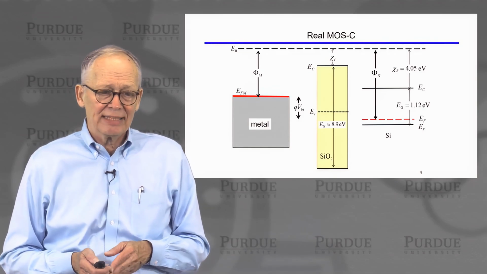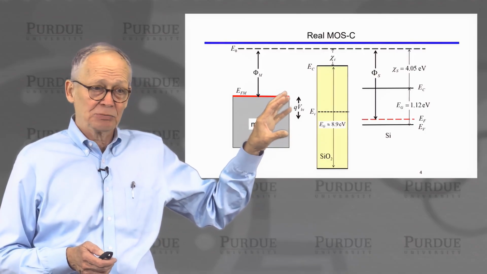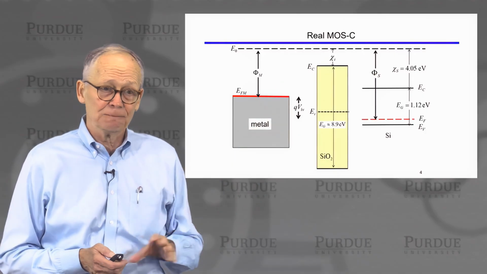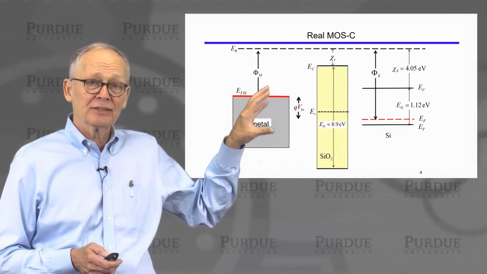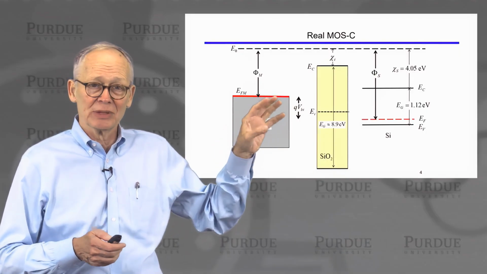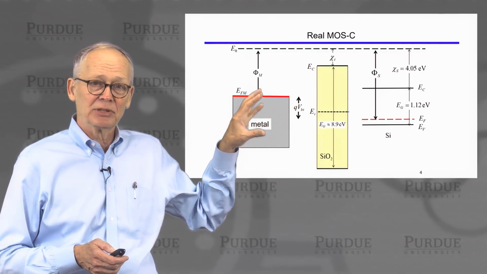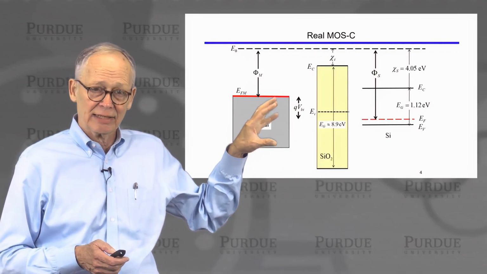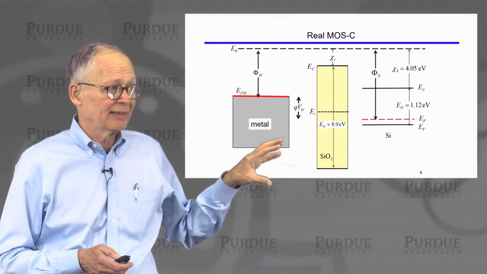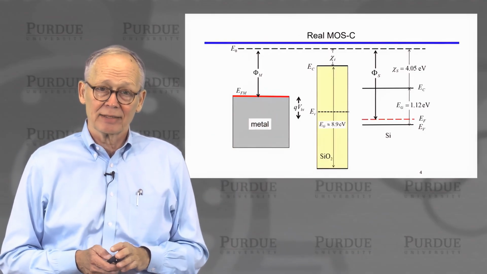Well, we remember that if we have an electrostatic potential that's positive, it pulls energy levels down. So there needs to develop, after there's a transfer of charge and electrons move from one side to the other side, a positive potential on the gate electrode to pull everything down so that its Fermi level aligns with the Fermi level in the semiconductor.